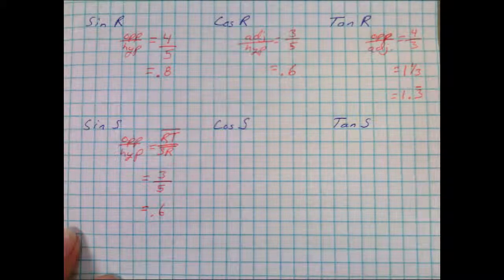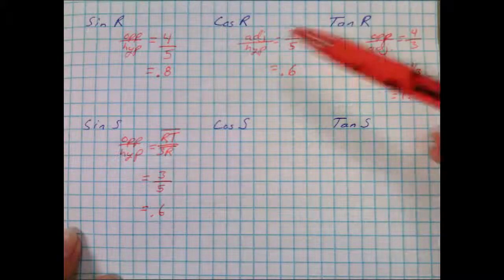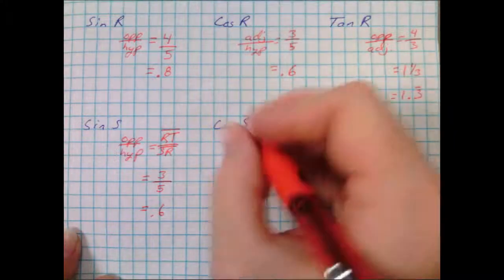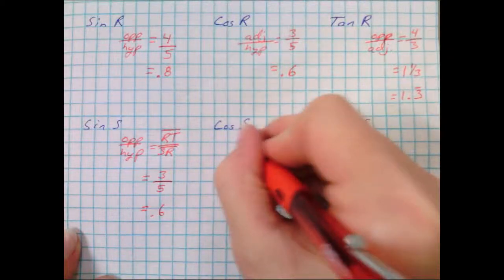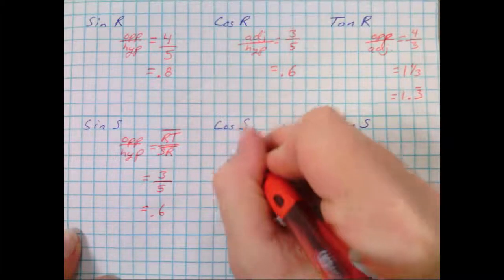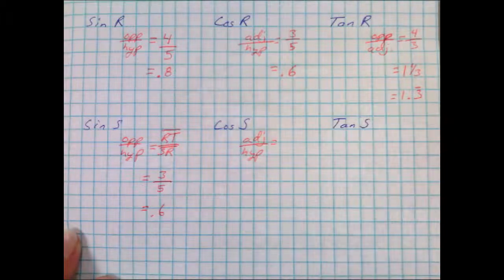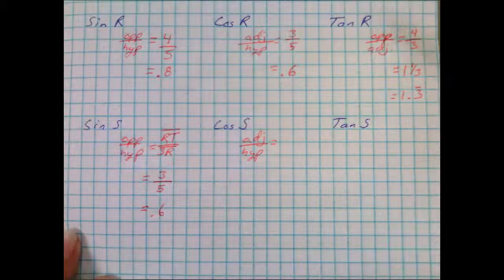Let's go on to cosine now. Cosine, just like we had before, is adjacent over hypotenuse. What are the segments? Looking at S, which one is adjacent?